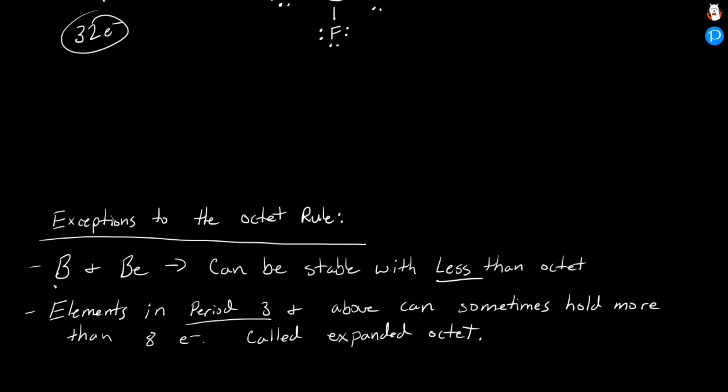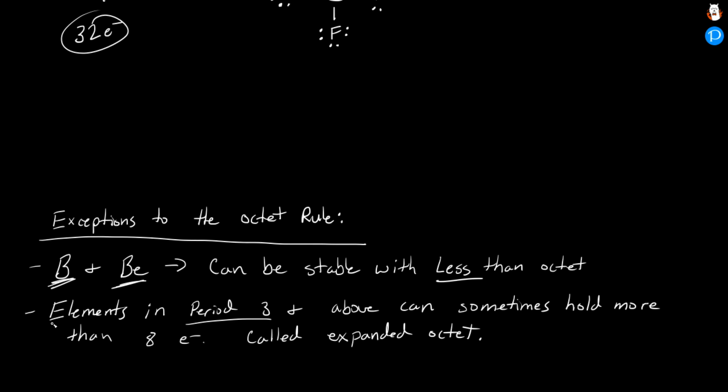We won't see beryllium that much in these covalent bonds, but boron we will. If we do see these two, they can be stable with less than an octet. We're going to see these guys with like 6 valence electrons. If they can get 6 valence electrons around them, they can be stable with that.